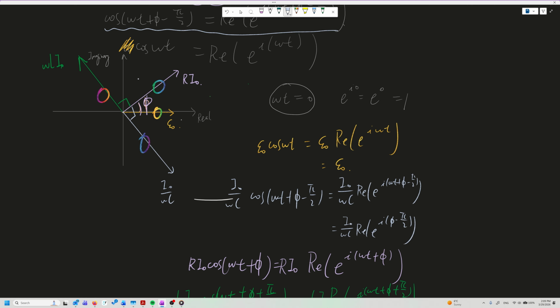So what if we move this R I0 to here? Let me switch the color. What if we switch this to be R I0, and then we'll have omega L I0 here.